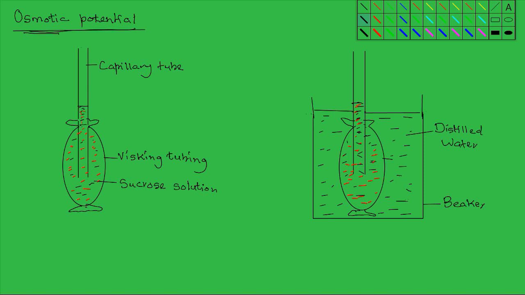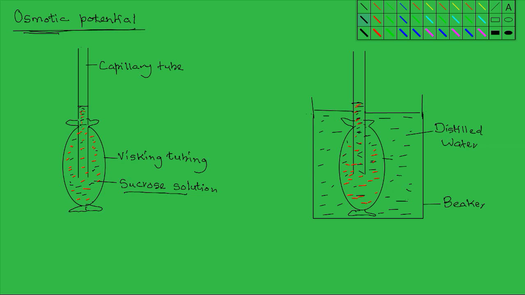It has the capacity to develop an osmotic pressure if it were to be separated from distilled water by this semi-permeable Vissking membrane. So a solution that is in a container like a beaker and is not separated from another solution by a semi-permeable membrane is said to have an osmotic potential.